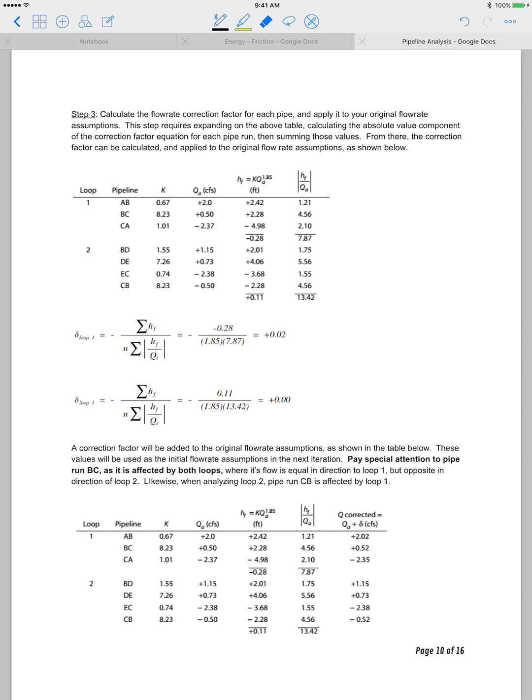It would say either calculate the correction factor, or if the problem gave you the estimates for flow rate and their directions, they would say, please tell us what, after one iteration, the flow in pipe AB is, something along those lines. So you get the correction factor and you have it, and you go over to the Q and you add it. So if the original Q was 2, you add 0.02 and you have 0.02. The original Q was 5, you add it.